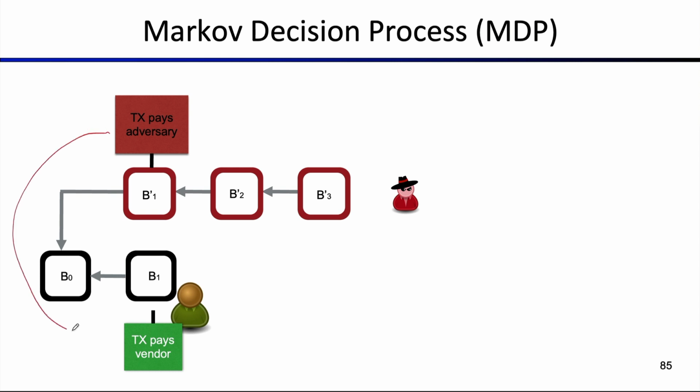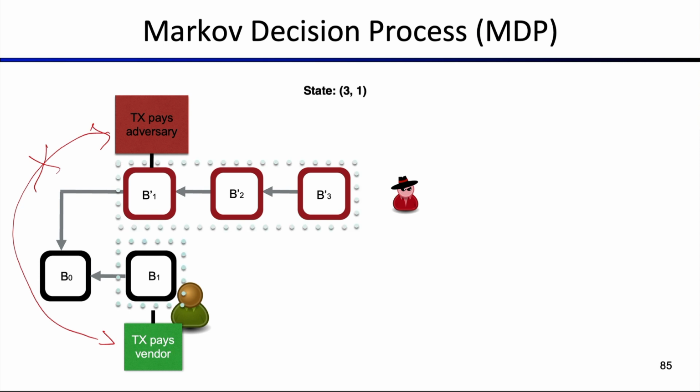These two transactions cannot be mined together in the blockchain because they conflict with each other. So in an MDP, we can model the adversarial chain as length 3 and the honest chain as length 1. So 3 is the attacker chain, 1 is the honest chain.